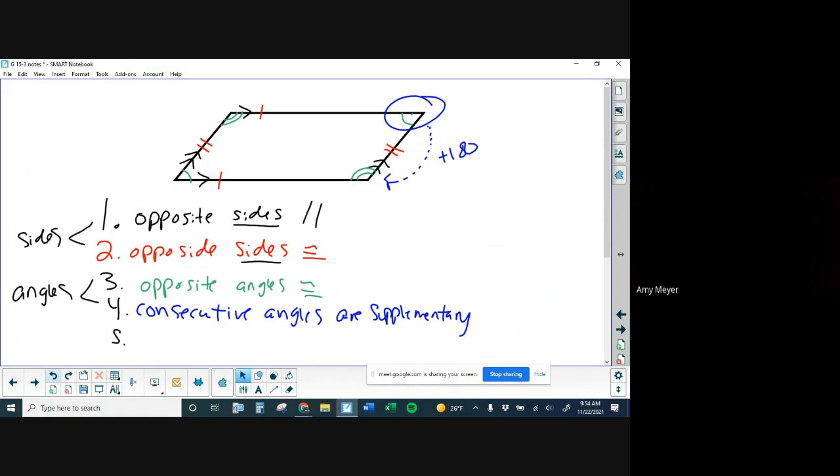Last property. Diagonals bisect each other. Just draw one diagonal for now. I'm going to actually do solid lines instead of dotted lines. So everybody draw one diagonal.